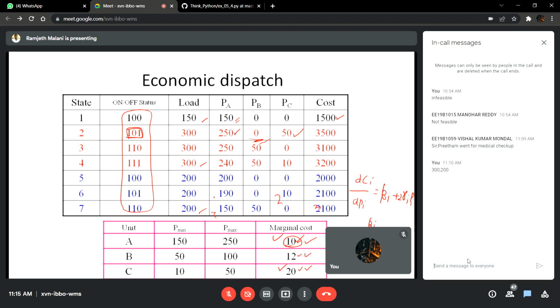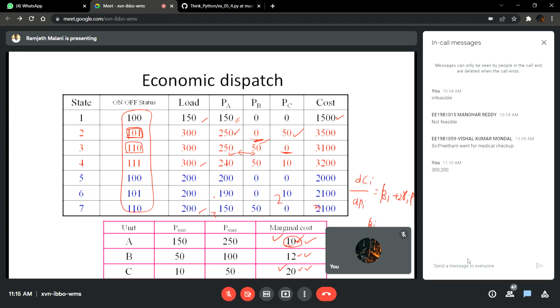Now, for this state 110, first generator is on, second generator is on, third generator is off. So, the third generator value is 0. We have to dispatch the load between these two generators, unit A and unit B. Unit A's maximum you can supply is 250.